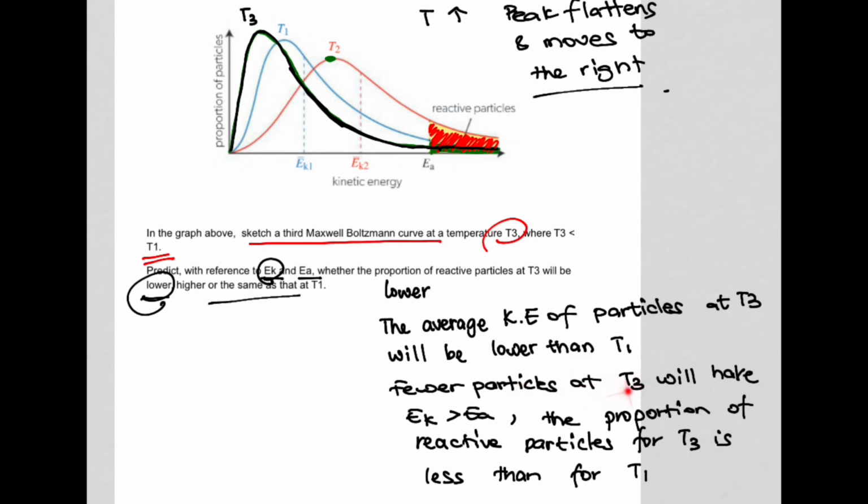There will be fewer particles that will have kinetic energy greater than activation energy. So the proportion of reactive particles for T3 is going to be less than for T1. So I made reference to average kinetic energy and activation energy as asked in the question.